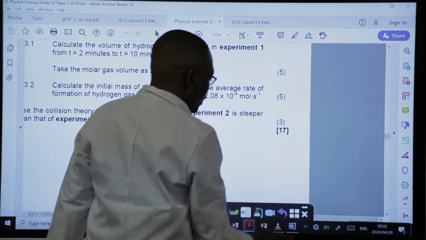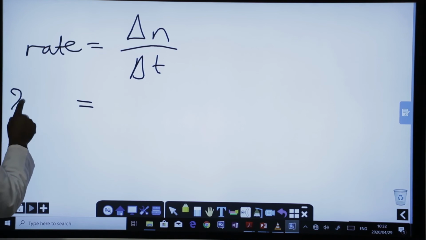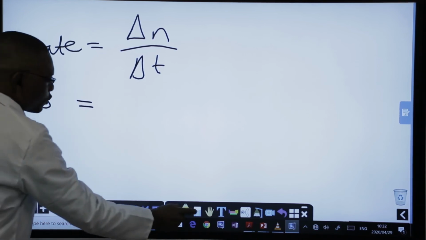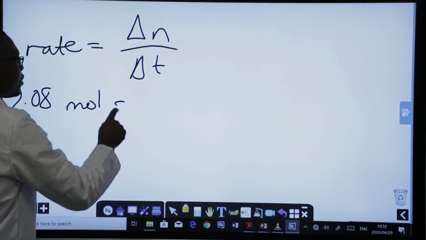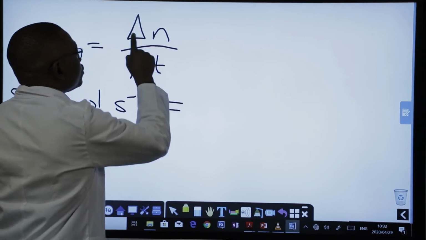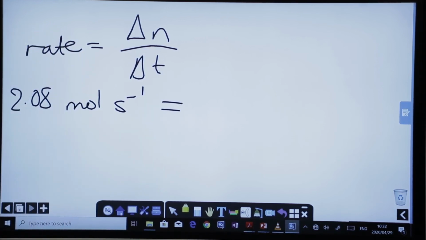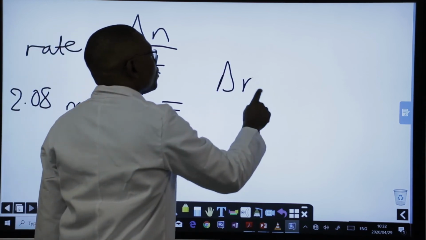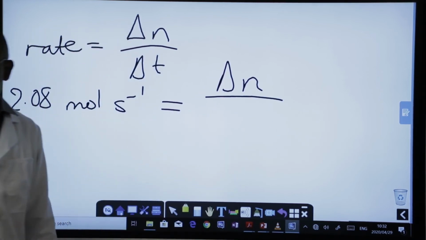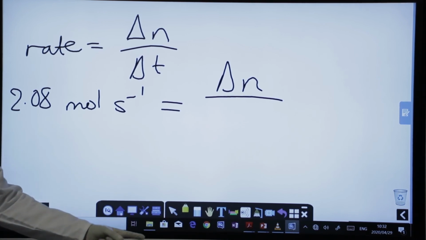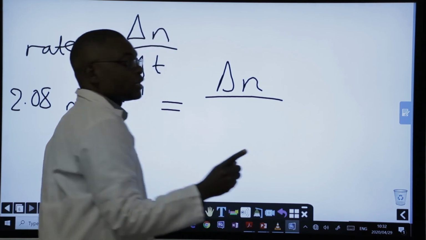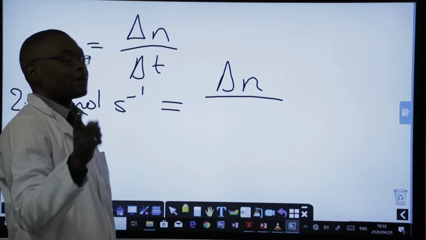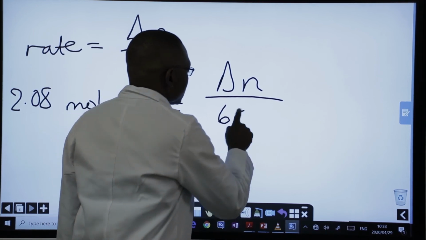So if we are to put it here, it's going to be 2.08 times 10 to the power minus 4 moles per second is equal to change in the number of moles, which we don't know, over the change in time. So we saw that our time changed from 0 to 10 minutes, meaning that if we change 10 minutes to seconds, it's going to be 10 times 60 seconds, which gives you 600 seconds.